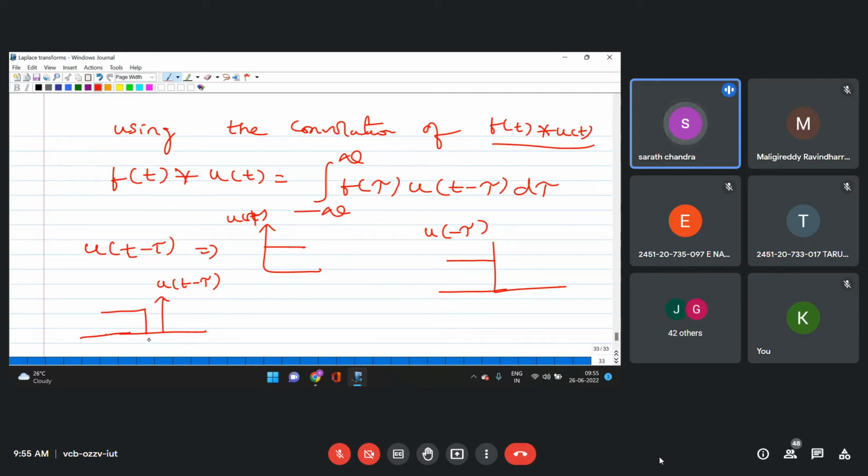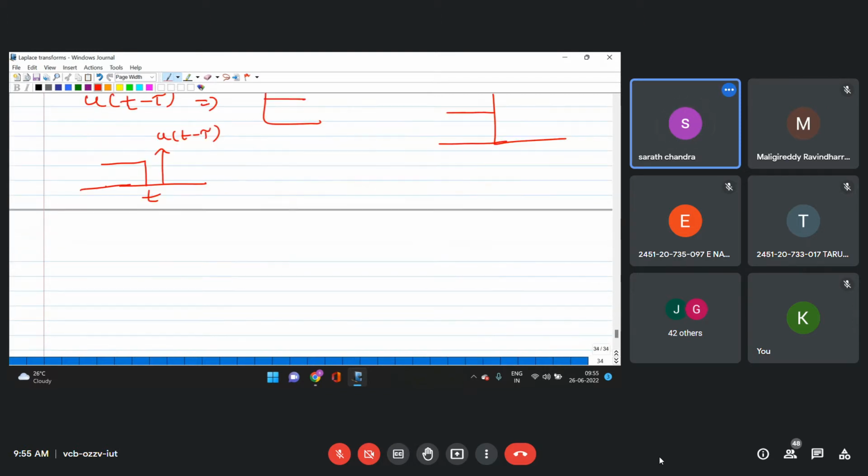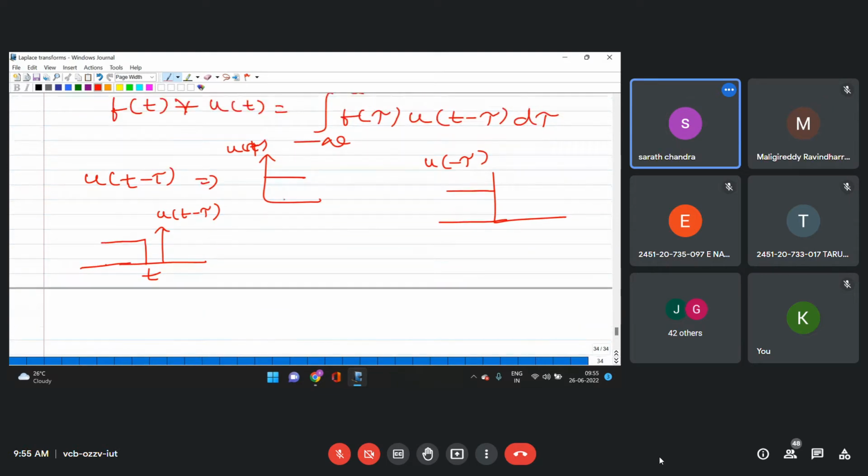Right? So this will be what? T. Now this point is clear, because we have done many problems on operations on signals. I have to find this u of t minus tau. So for that, I have taken u of tau, then u of minus tau, right? Then u of t minus tau, or this can be written as what?